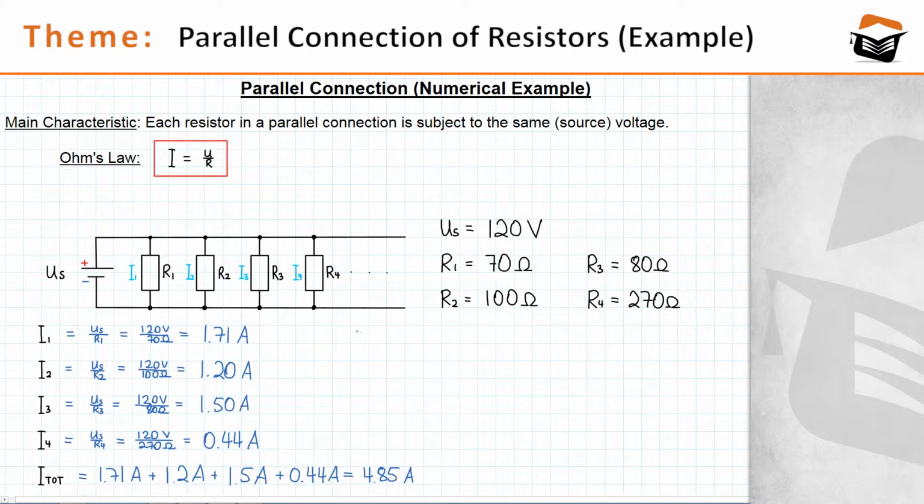So let me shift it to the left a little bit. So the formula is 1 over R_tot, the total resistance, and that's equal to the sum of the inverses of the individual resistors.